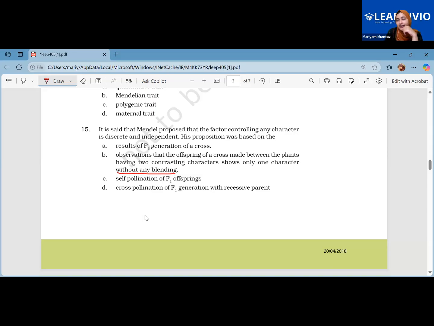And this law, that the factor controlling any character is discrete and independent, which law is it referring to? It is referring to the law of independent assortment. That law only tells us that there's no blending. So here, this would be the answer. Is it clear?